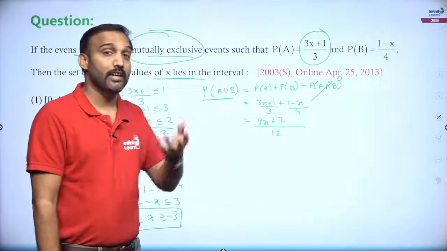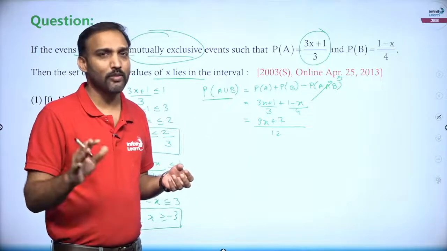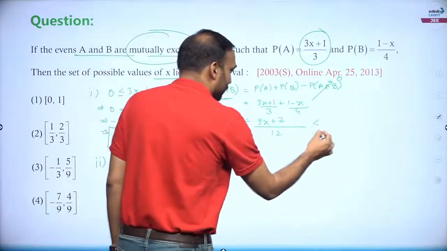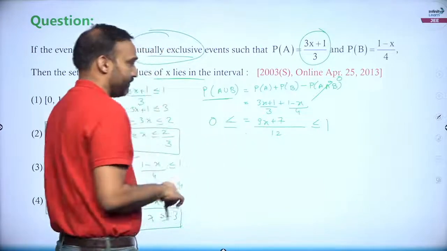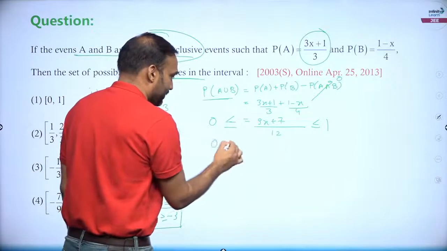But what if I take a dice, 1 and 2. So probability of happening of 1 and 2 will not be equal to 1, but it will be less than 1, right? So I know this will also be less than or equal to 1 and larger than or equal to 0, right? So from here I will get the values of x.